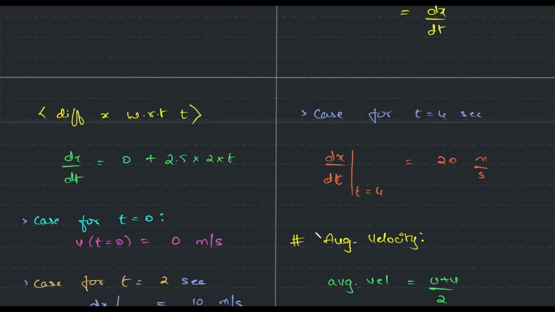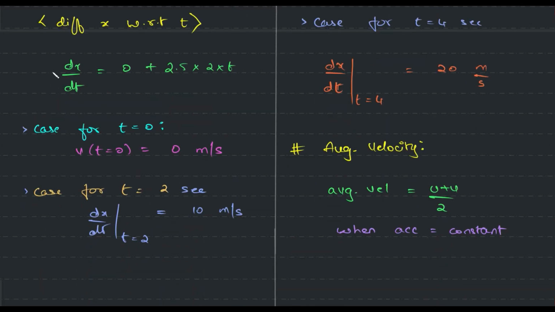Actually, they have. Since we know the equation of motion, we'll be able to figure out the acceleration. So acceleration is nothing but differentiating the velocity with respect to time. We already know the velocity, that's your expression. So when I differentiate this, I'll get 5 meter per second square.